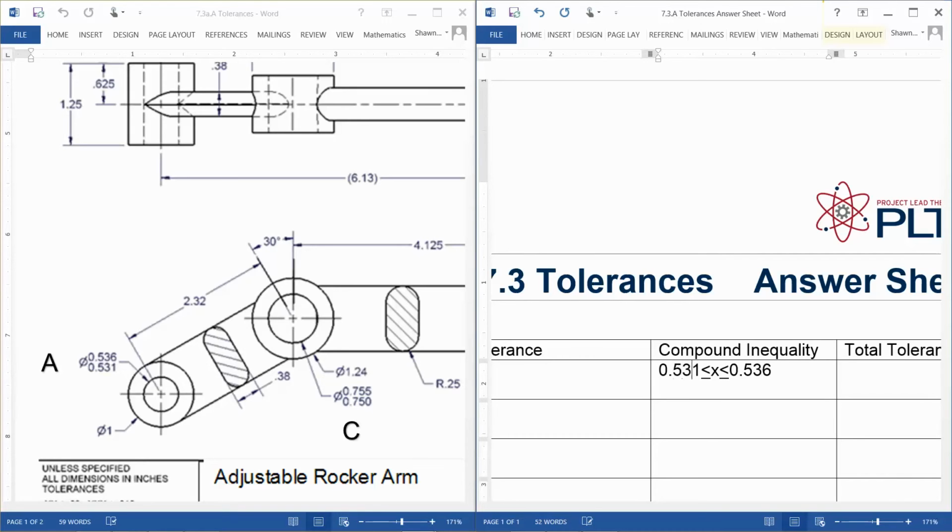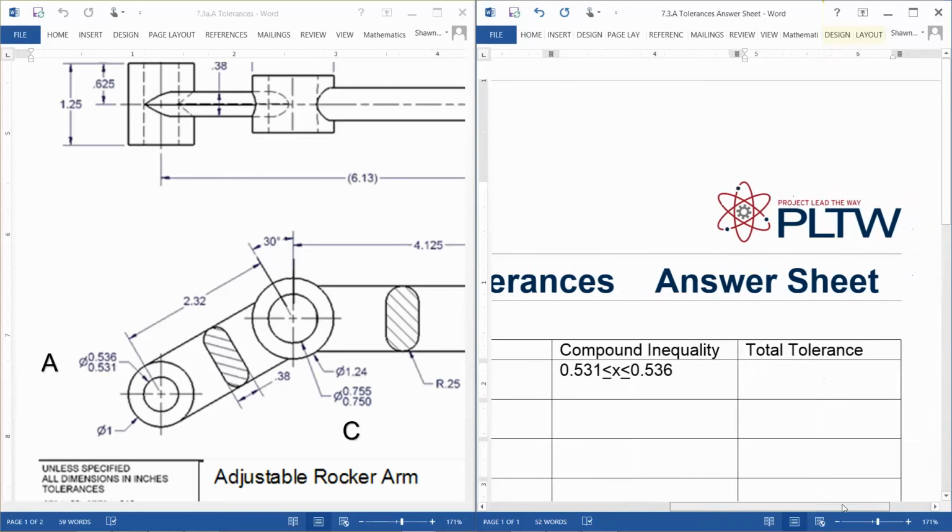And what that says then is that the range of values that will fit in this could be 0.531, 0.532, 0.533, 0.534, 0.535, 0.536. 0.537 would be too big because that would be over here, and 0.530 would be too small, so it wouldn't fit as well. So X stands for what values the rod could be that would fit in that hole right there. So that's my compound inequality.